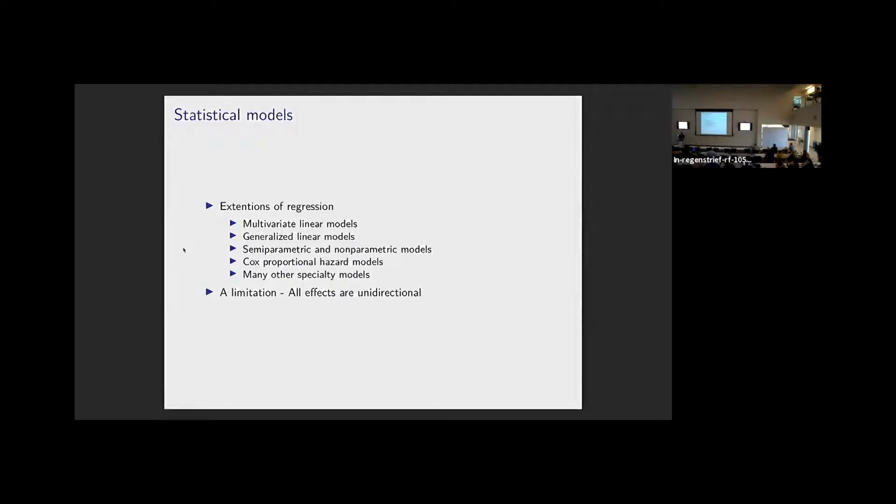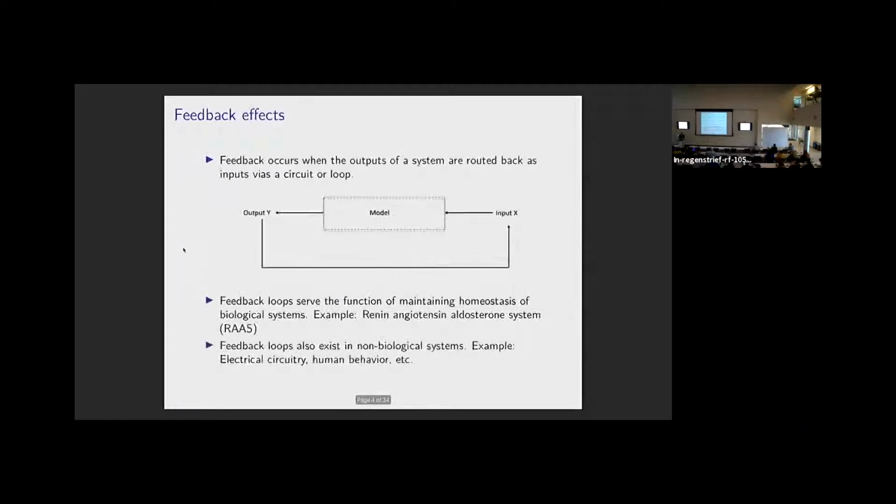Well, in some contexts, maybe that's okay, because you're just looking at a fraction of a biological system. But when you look at the system as a whole, that is not the right view. And this is a severe limitation because we know that biological feedbacks are very important in any biological system.